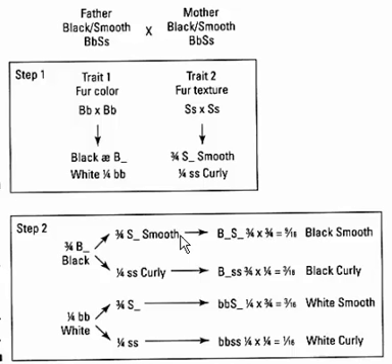So this particular figure is showing you information about a dihybrid cross, which means we're crossing two particular traits. In this case, we're dealing with the fur color, which is black or white, as we'll see in the offspring in step 2, and fur texture, which is smooth or curly.